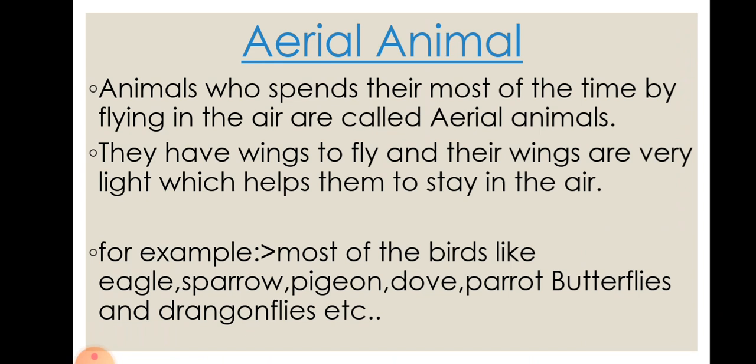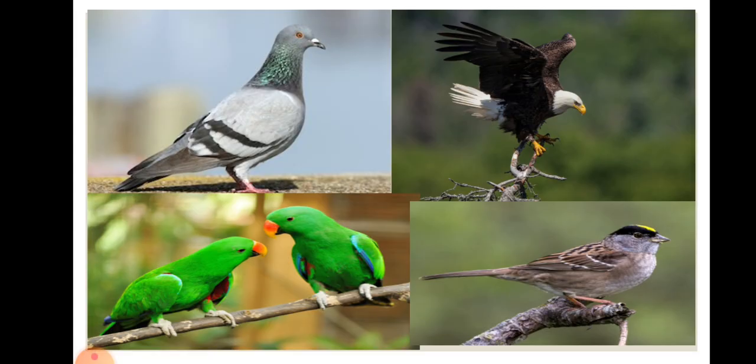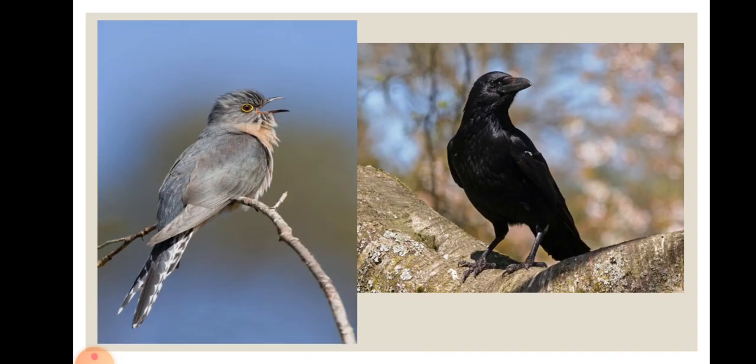They have wings to fly, and their wings are very light, which helps them to stay in the air. For example, most of the birds like eagle, sparrow, pigeon, dove, parrot, and butterflies and dragonflies also belong to aerial animals. These are a few pictures.